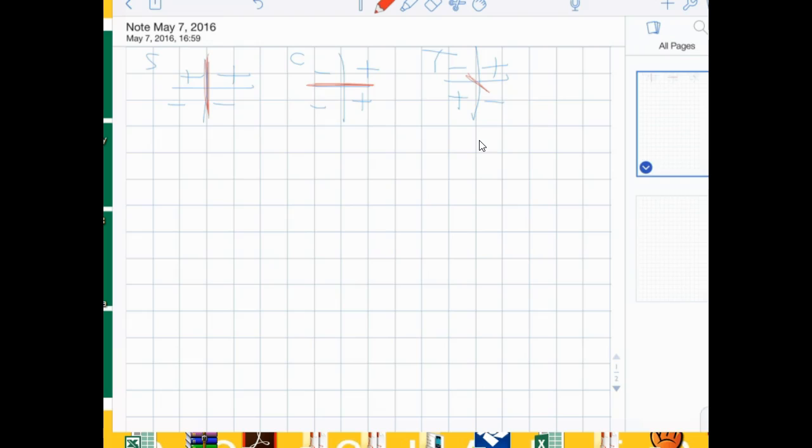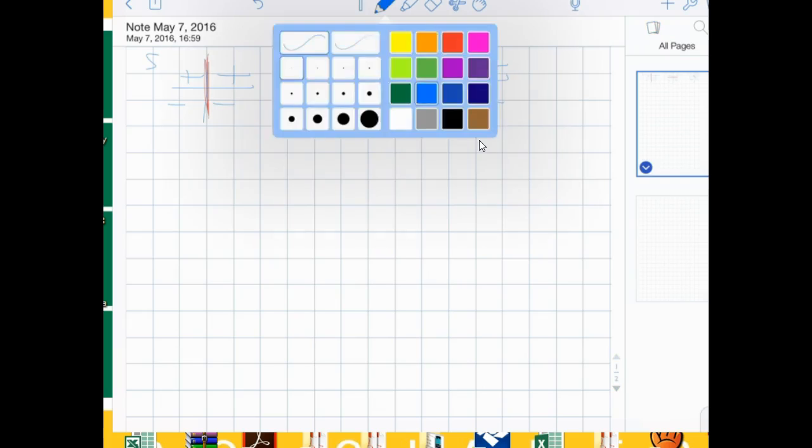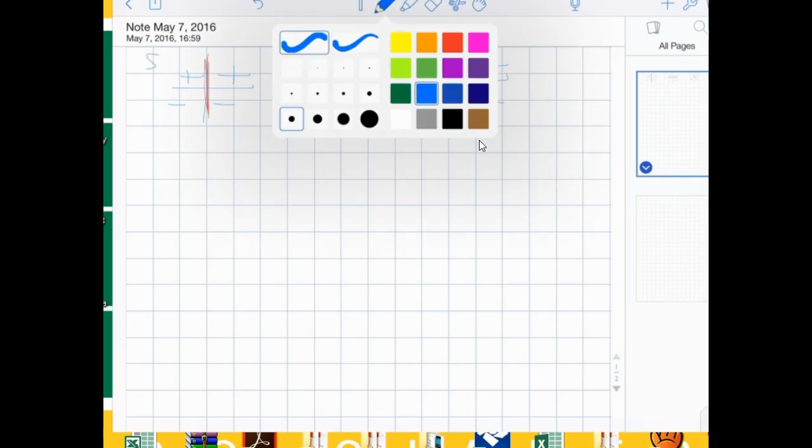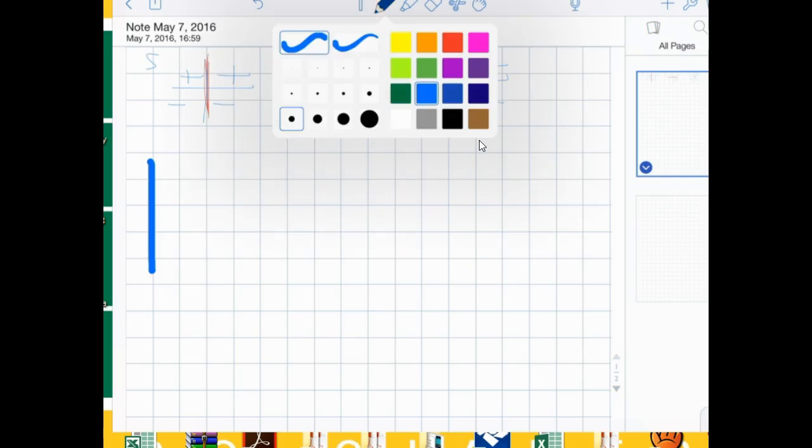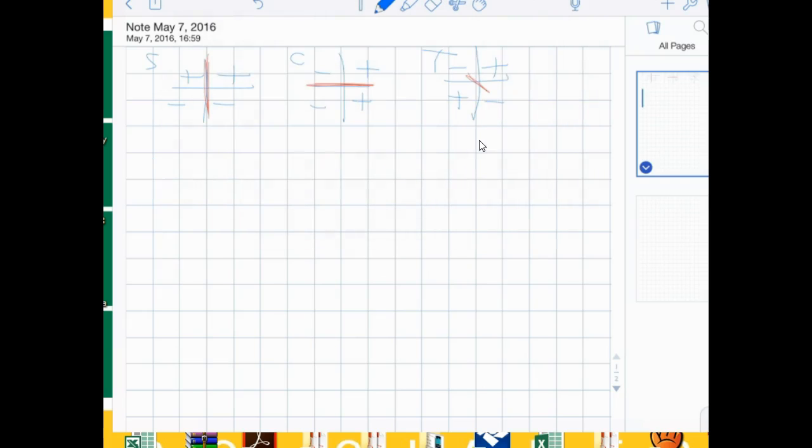Okay, and then I'll give you one more way of thinking about it. This is for people who are very comfortable with what a sine function looks like. First we're going to draw a sine function. Well, that's too fat. Okay, first we're going to draw a sine function. Sine function looks kind of like this, right?